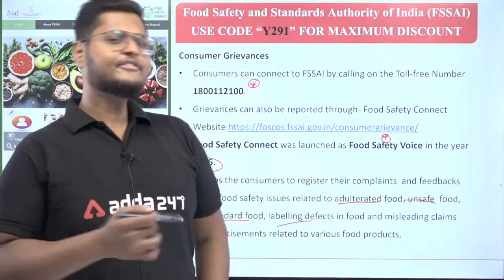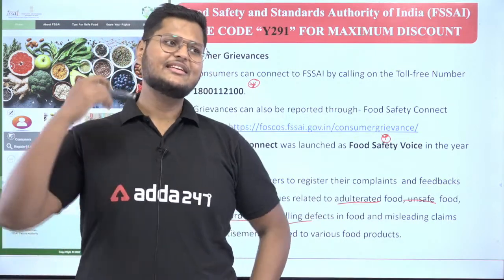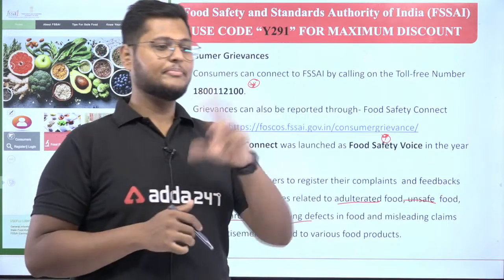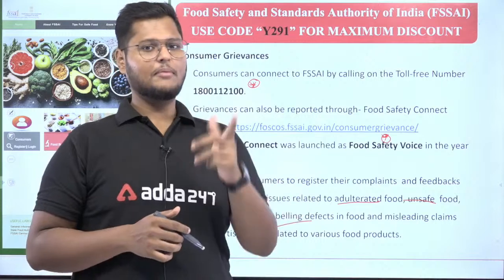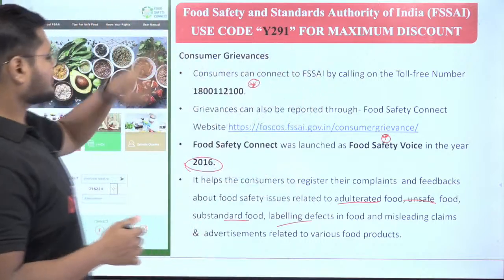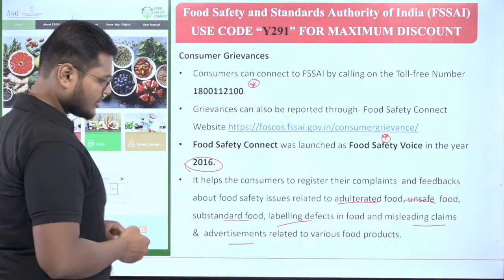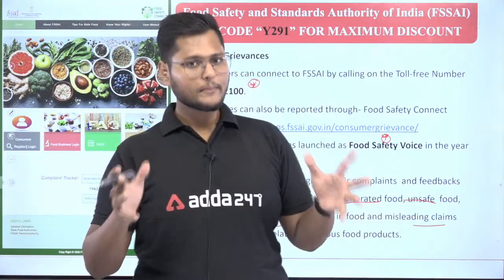If there is any defect, or the label is not right, or misleading information has been provided, then you can raise a complaint through this website. Misleading claims and advertisements related to different food products can also be reported.